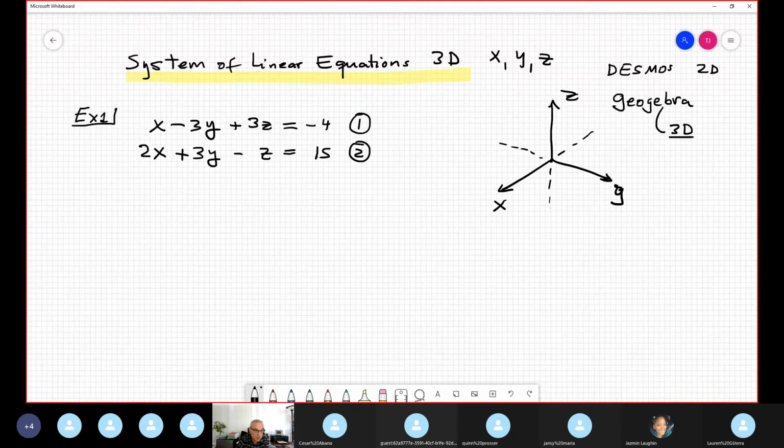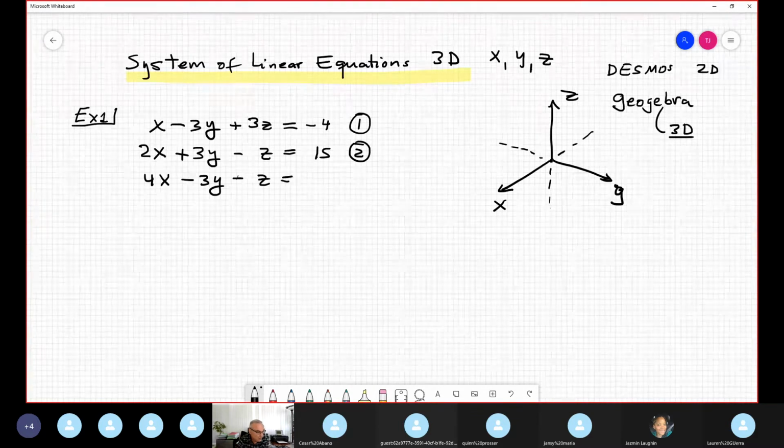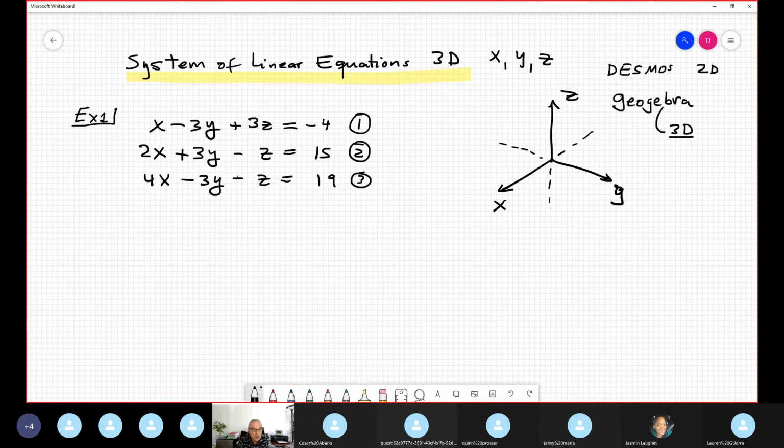Equation 2. And 4x minus 3y minus z equal 19. Okay, we have 3 equations, guys, and 3 unknowns, x, y, z.